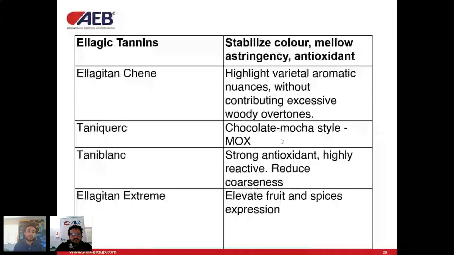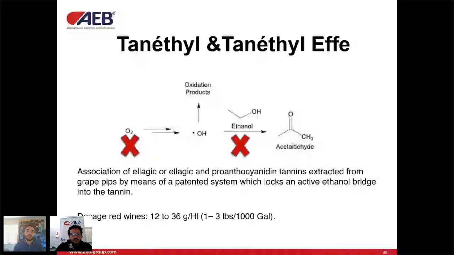A particular mention, I think, has to be made with another couple of products that we developed that are tannethyl and tannethyl F. Tannethyl and tannethyl F are bioengineered tannins, and are bioengineered because they are extracted in a way that the acetaldehyde bridge is already present on the tannin, and so you don't need oxygen and you don't need ethanol in order to create acetaldehyde.